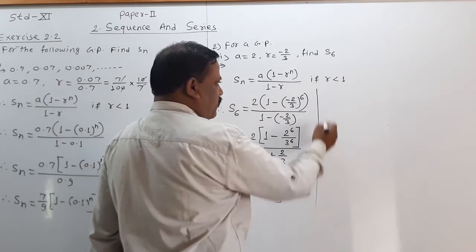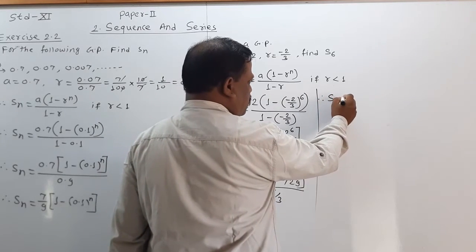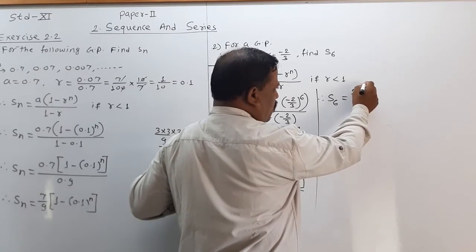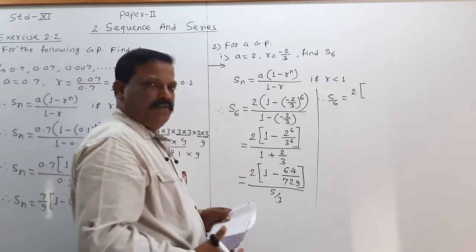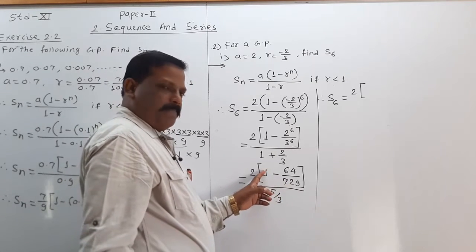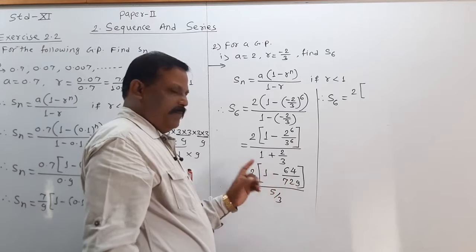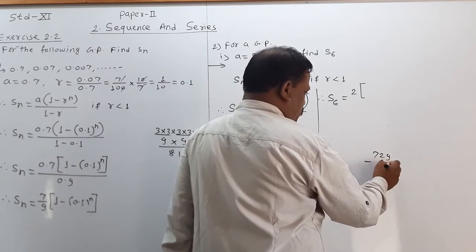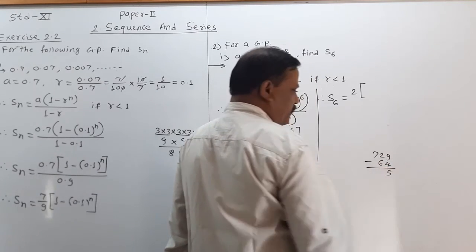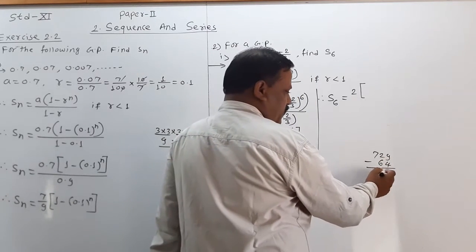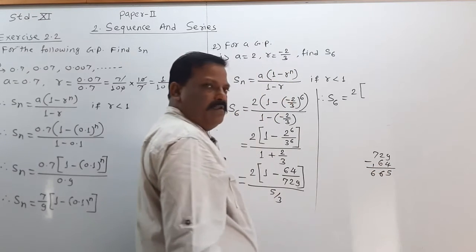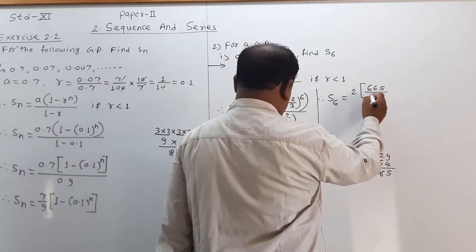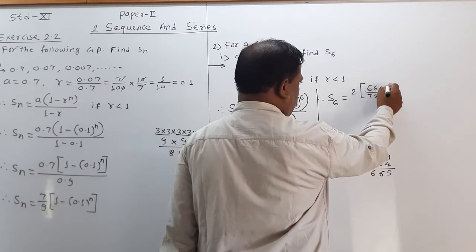Then S6 equal to 2 into the square bracket. Take this subtraction: 729 minus 64. So we get 665, 665 upon 729, divided by 5 by 3.